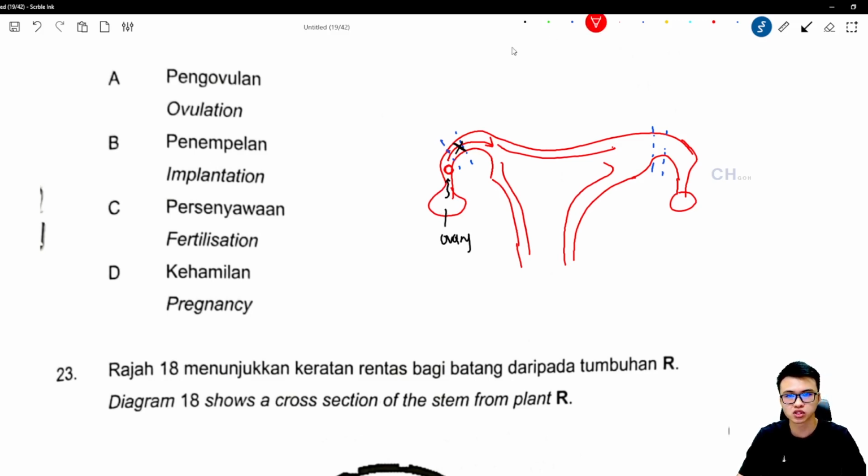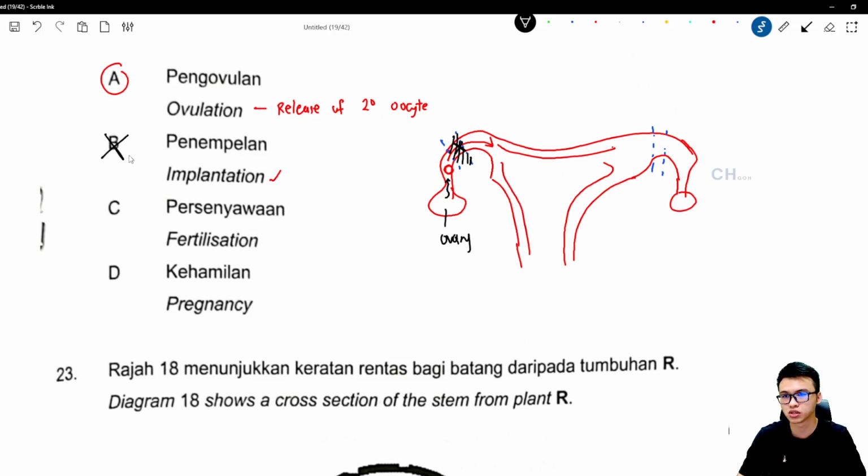So the answer here should be ovulation, because ovulation means the release of the secondary oocyte. You can still release the secondary oocyte in a natural way. But can you do implantation? Definitely not, because the fallopian tube is removed. You are not able to send the ovum naturally to the uterus for implantation.